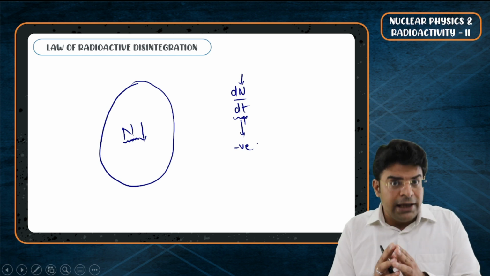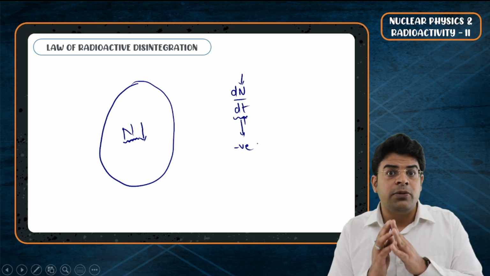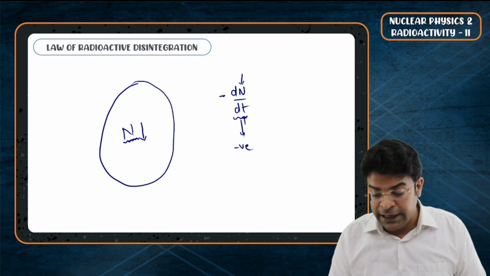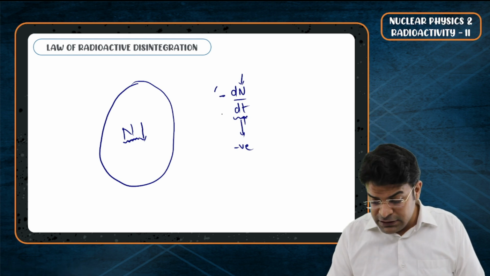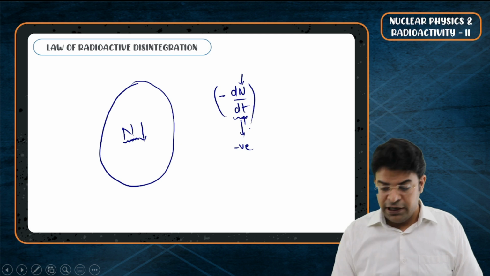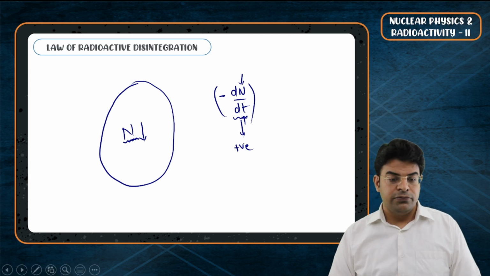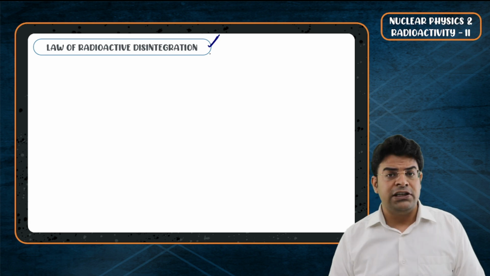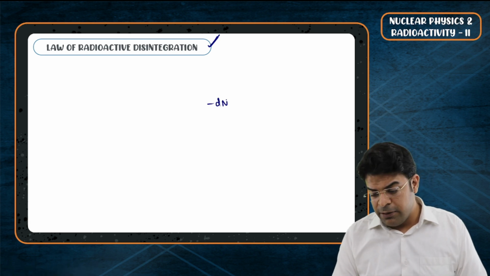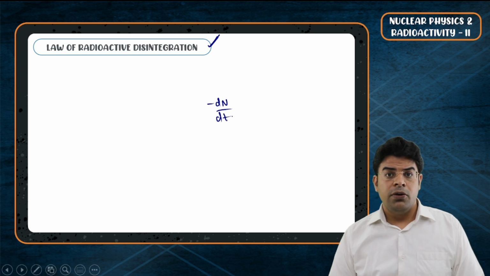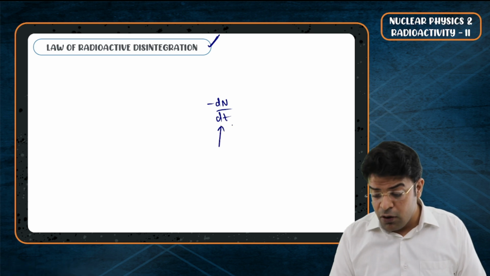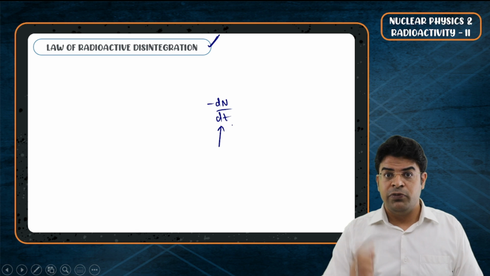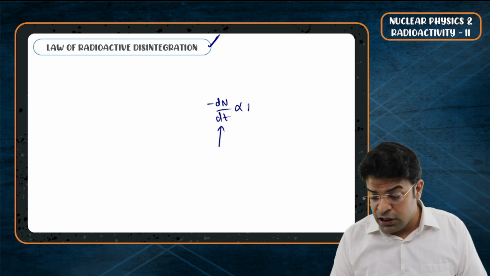So as to keep the terms in the equation positive, we place a minus sign with dN by dt. Now minus dN by dt is negative of negative, and that becomes positive. So we say that in a radioactive disintegration, minus dN by dt, which represents the number of disintegrations per second, is directly proportional to the number of active nuclei.